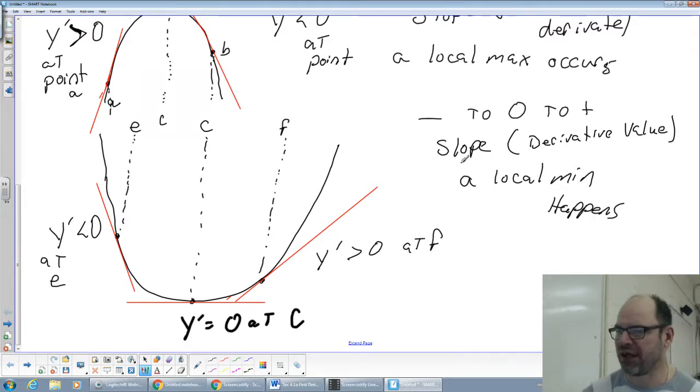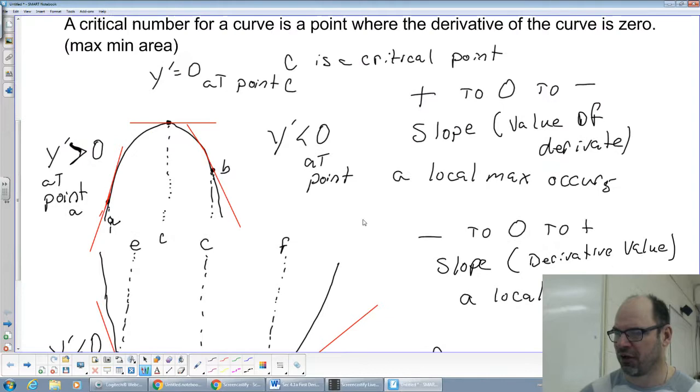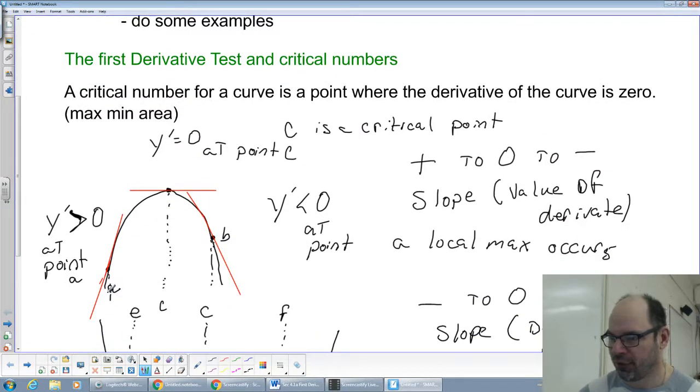And we do a sign analysis to do that, and I'll show you an example of that right away. So we take the derivative. Wherever the derivative is equal to 0, that's going to be our point of flatness. Then we look on the left and right side to see if we have positive or negative slope values.